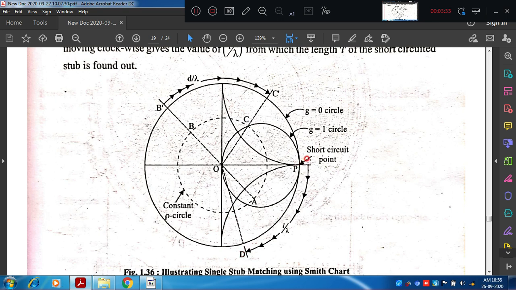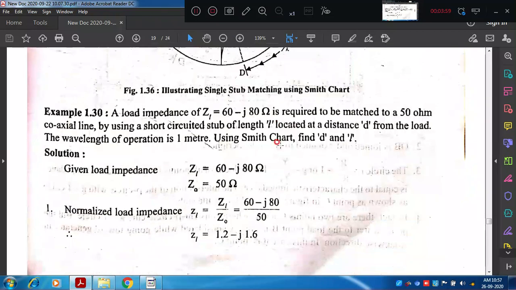From the short circuit point to this point, this distance is L by lambda, and by knowing the lambda value, you can easily identify L. Now from the load point, at what distance we should insert the stub, that is d, and of what length. If you know this much, you can easily insert the single stub before the end of the transmission line at the load point.